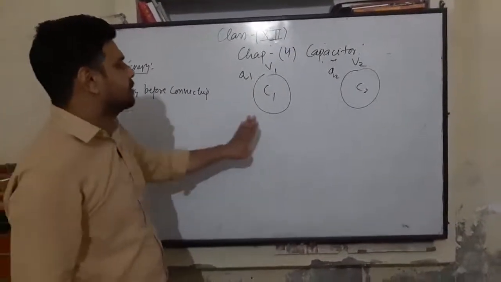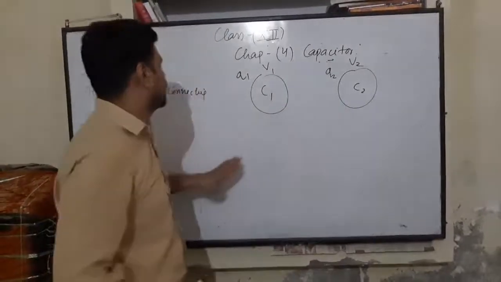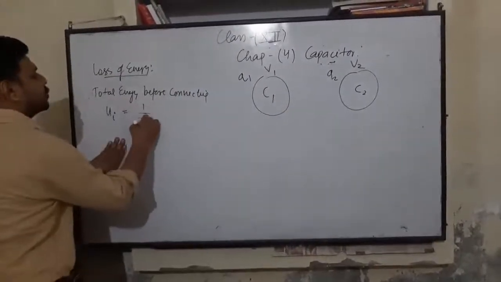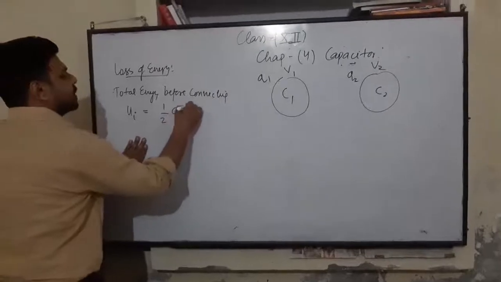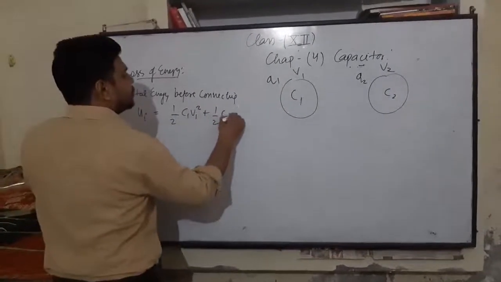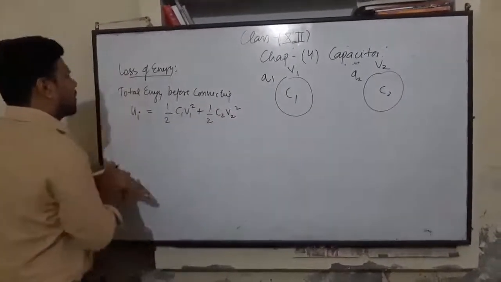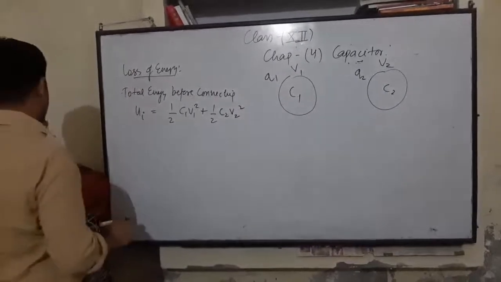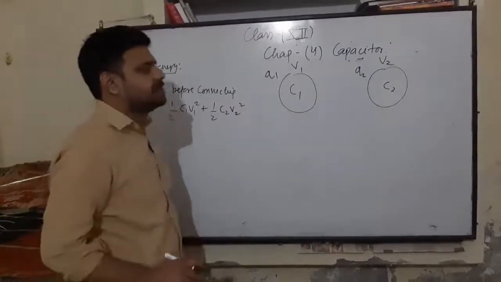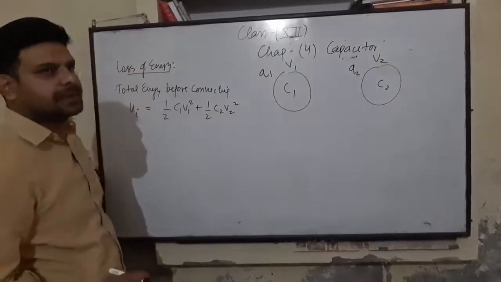Before connecting, the two capacitors are separate, so we will use the formula half C1 V1 square plus half C2 V2 square. This is the expression for total energy before connecting these two capacitors.